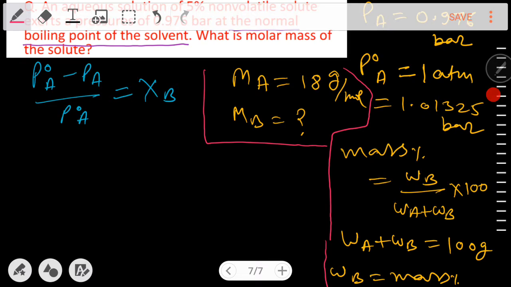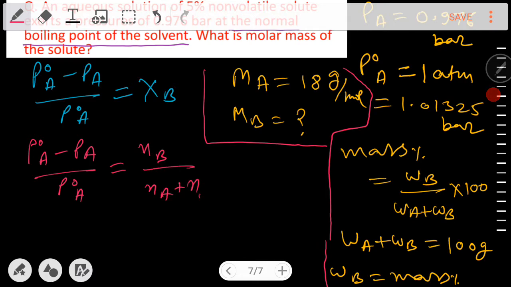Now P naught A minus PA upon P naught A is equal to XB, and XB is equal to NB upon NA plus NB, and that is equal to WB by MB upon WA by MA plus WB by MB.